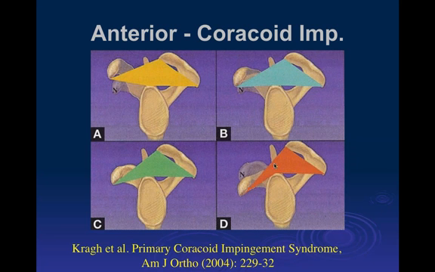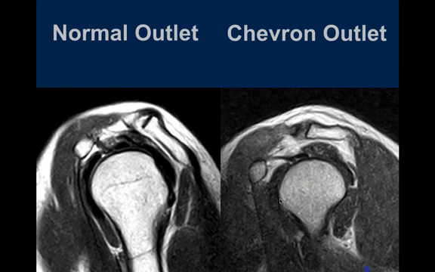So one thing to look for that they called the chevron sign. If you draw a quadrilateral space here from the anterior acromion in the oblique sagittal plane down to the coracoid process, to the superior margin of the glenoid, and back to the posterior acromion process, if this has a very prominent break on the undersurface like this, that's a chevron sign, and these patients may be at risk for anterior impingement.